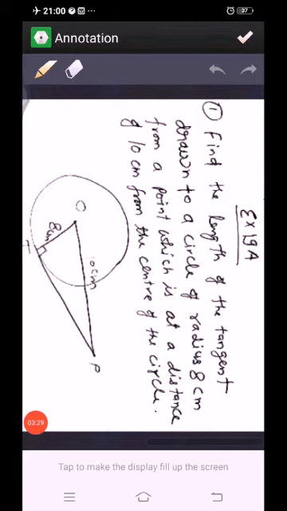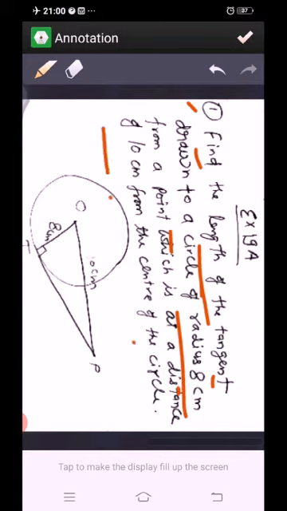Let us start exercise 19a. First question: find the length of the tangent drawn to a circle of radius 8 cm from a point which is at a distance of 10 cm from the center.